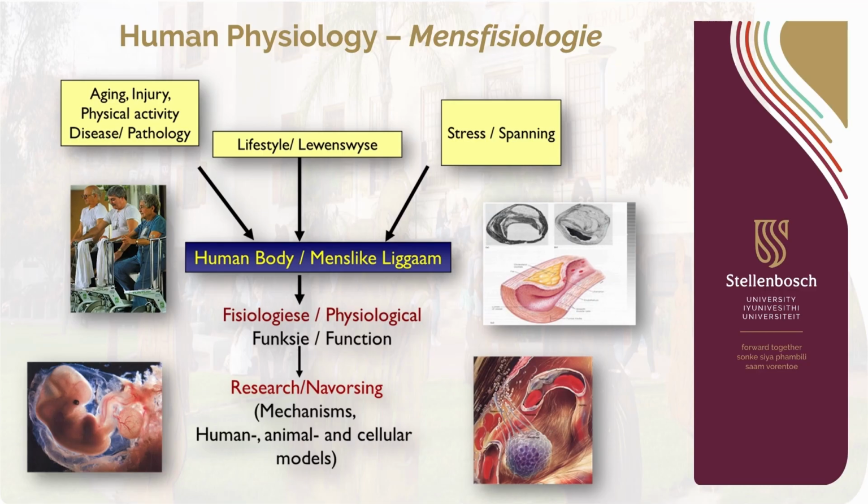We then research by looking at specific mechanisms using human, animal, or cellular models to investigate how these pathways are linking and affecting the different systems.